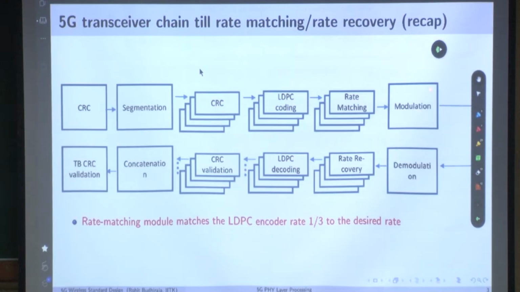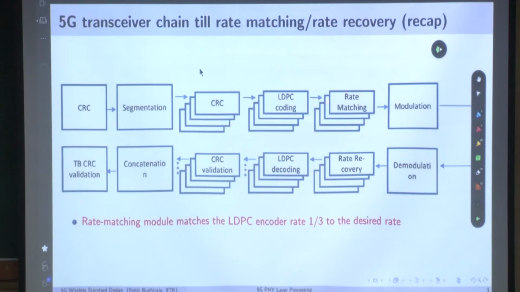So the opposite of modulation, demodulation, has to happen. And then the opposite of the rate matching module: there is something called rate recovery. We'll see that in great detail, but I'll just jump the gun and tell you what this module is doing, so that this whole receiver chain makes sense.